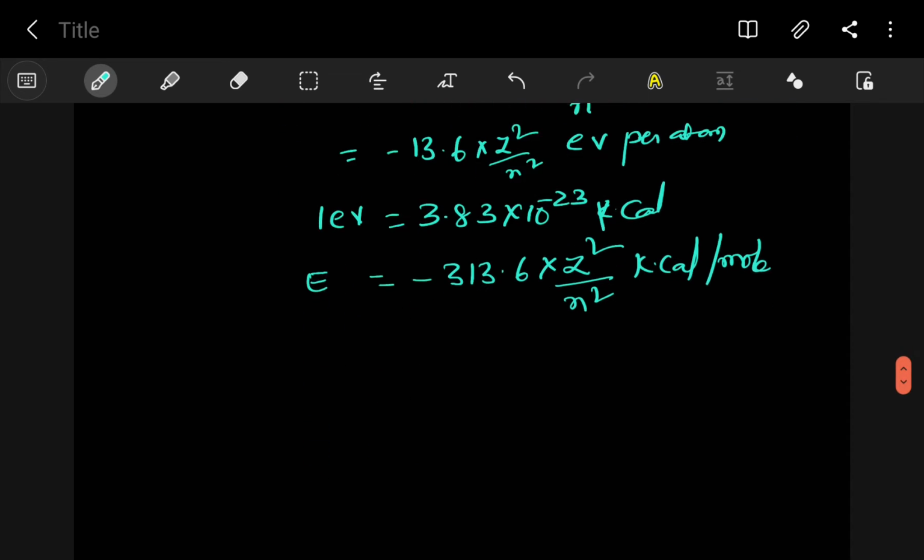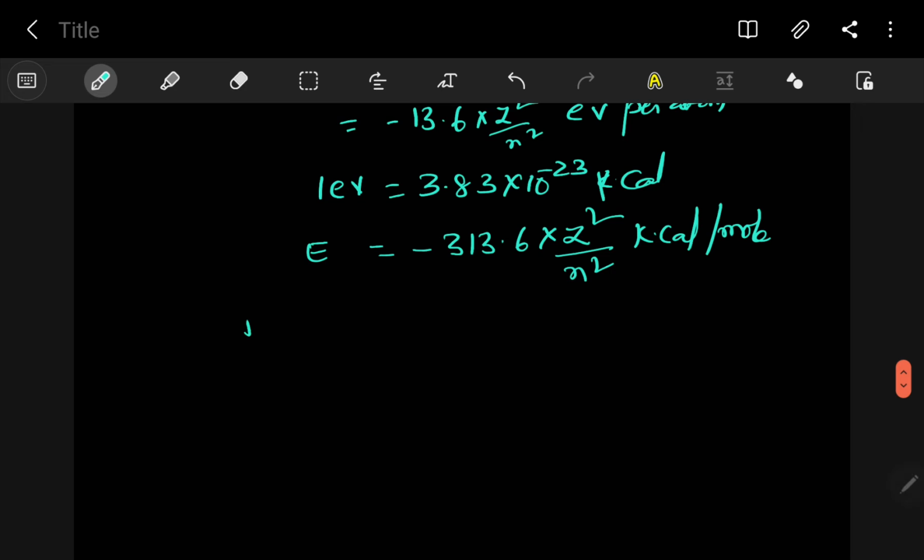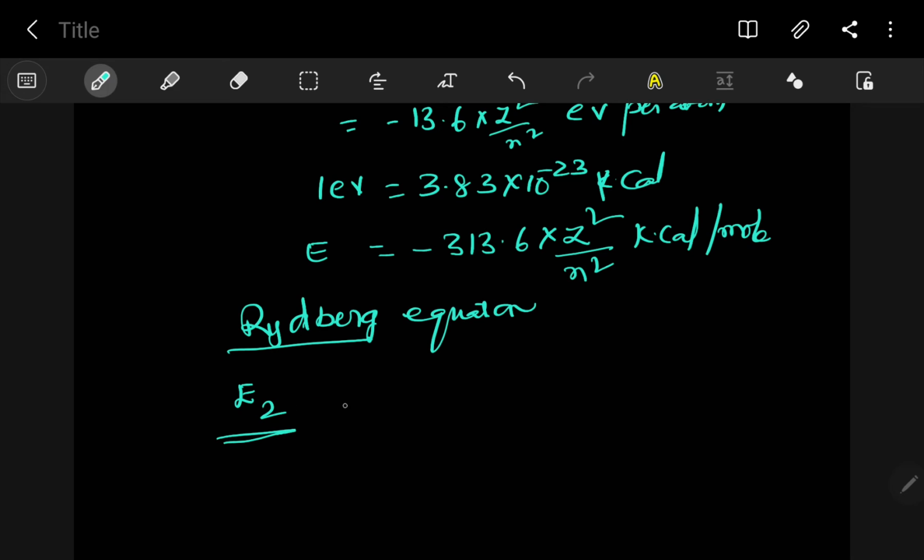And we know the formula, the Rydberg equation. What is the Rydberg equation? Rydberg's constant and all we will be knowing. When the electron jumps from a higher level to the lower level, first shell, the energy it loses is h nu. h nu is equal to E2 minus E1.